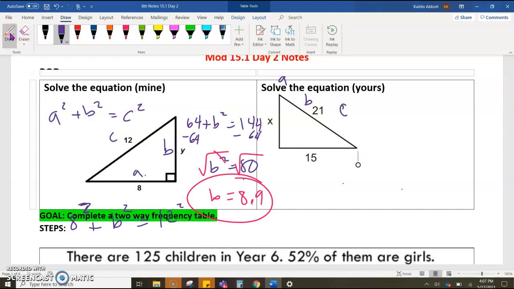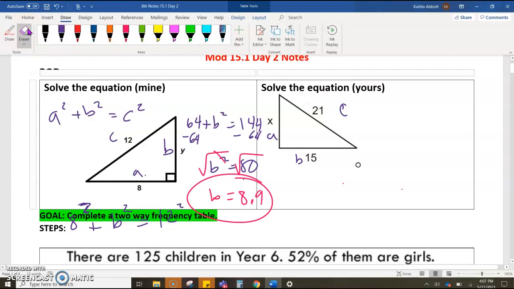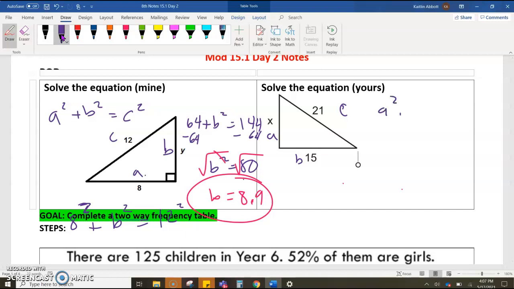This is c. Okay, so a squared is x, so we're going to leave it as a squared, plus b squared is 15, so we got 15 squared equals c squared, which is 21.